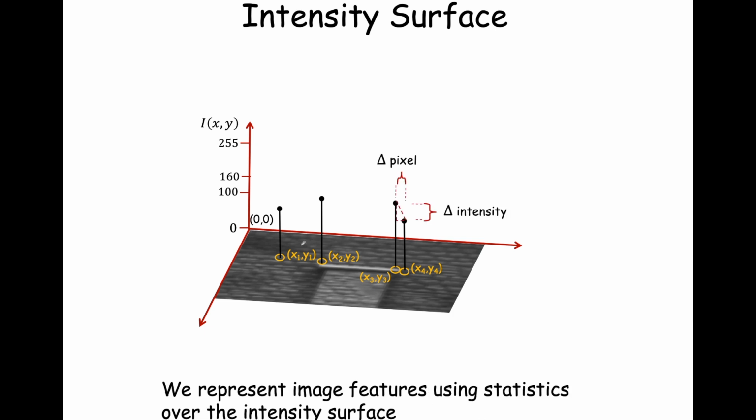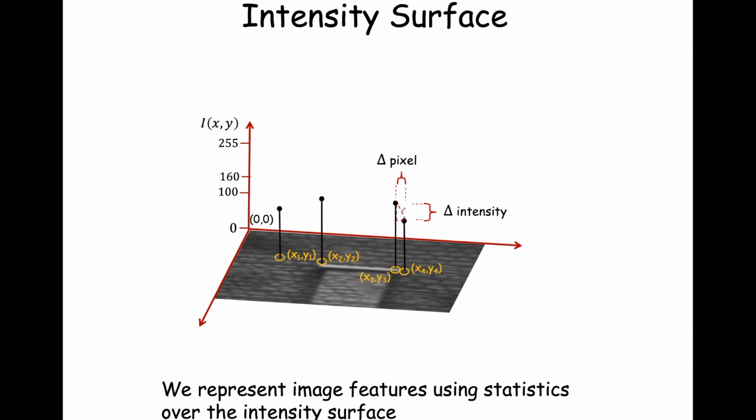And so let's imagine our intensity surface if we go from coordinate x3, y3 to x4, y4 in image coordinates. Now, of course, when we go from x3, y3 to x4, y4, we're going to have a change in the pixel, and we're also going to have a change in the intensity value.